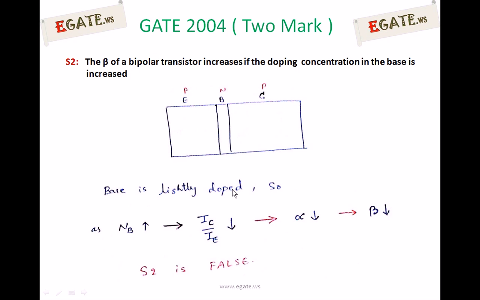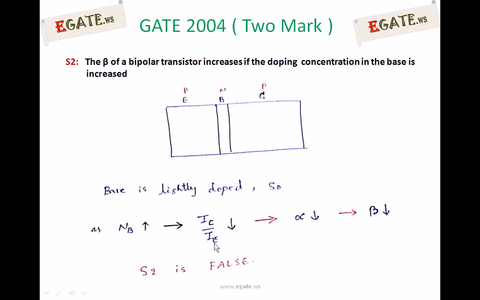We know the base is lightly doped, and the base concentration we indicate as NB. N is used for carrier concentration and B implies base. If the base doping concentration increases, the number of recombinations in the base increases, so the effective number of holes reaching from emitter to collector reduces.